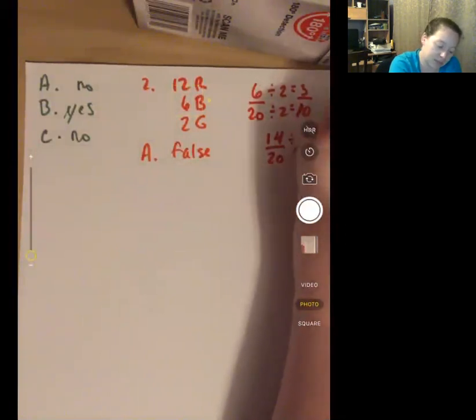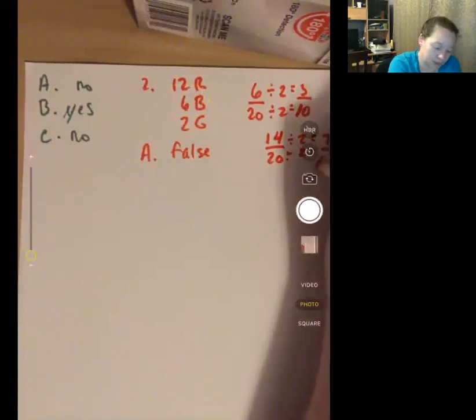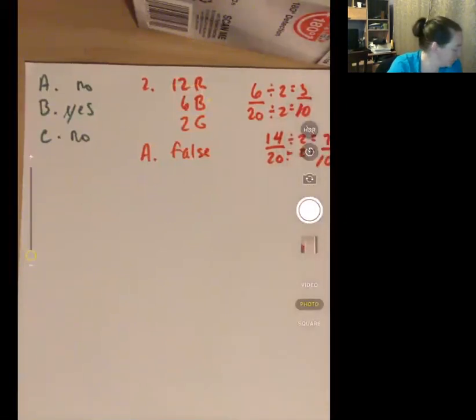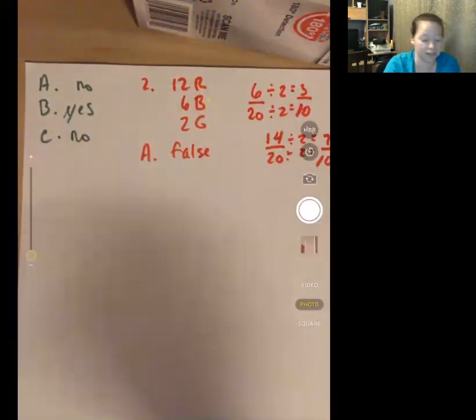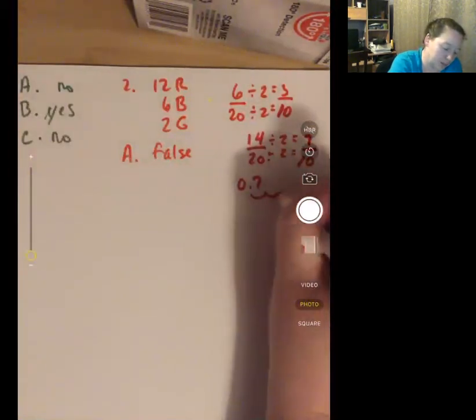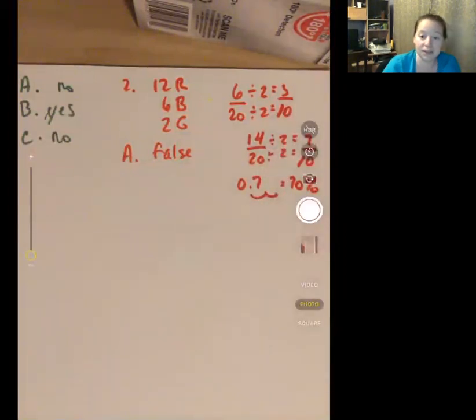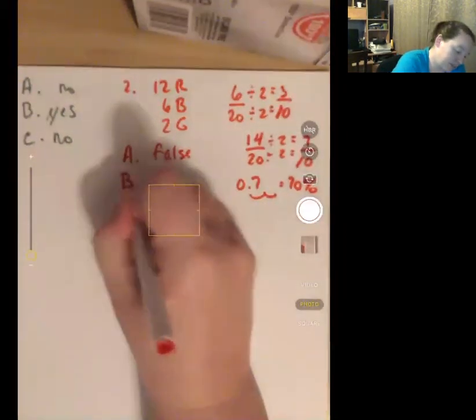Once again, dividing out the 2. 14 divided by 2, 7. 20 divided by 2, 10. 0.7, 7/10. So we rewrite it as 7/10, and then we move the decimal point to make it 70%. Is that what B says? That is what B says. So that's true.